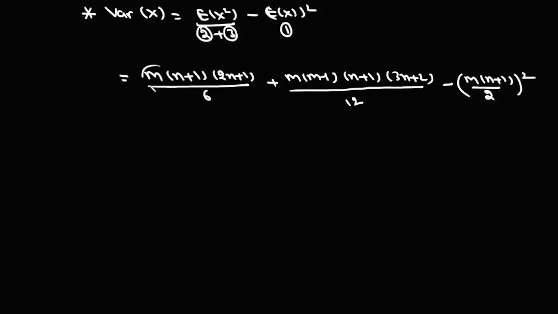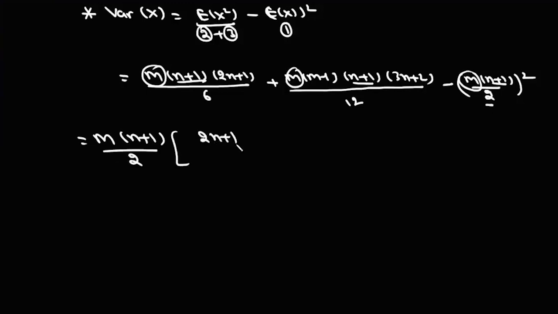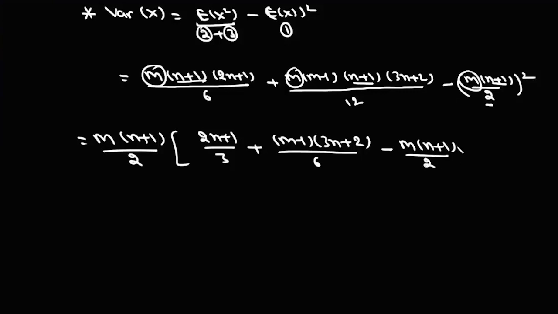Now from this we can take m and n plus 1 common, and we can also take this 2 common, so we can write m into n plus 1 by 2 into 2n plus 1 by 3. Here we'll have m minus 1 into 3n plus 2 by 6, and then we'll have m into n plus 1 divided by 2.